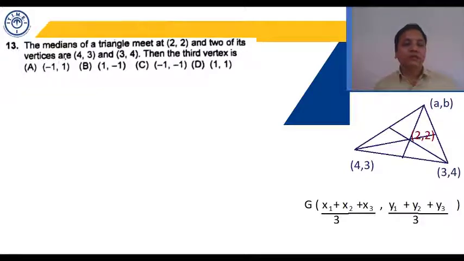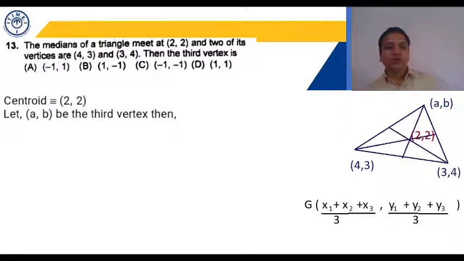One thing for sure we know is that medians meet at the centroid. Its coordinate is given as (2, 2) and the centroid divides in the ratio 2:1. Clear? Now, centroid (2, 2) is given. Let's assume (a, b) be the third vertex, and we are required to find the coordinates of this third vertex.